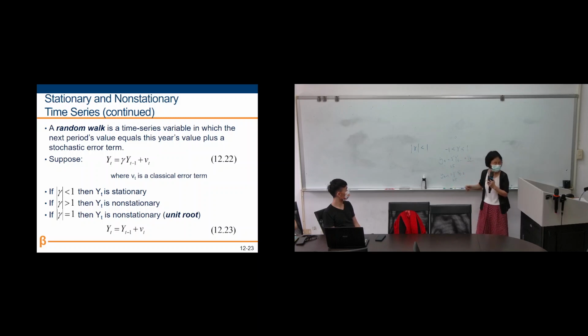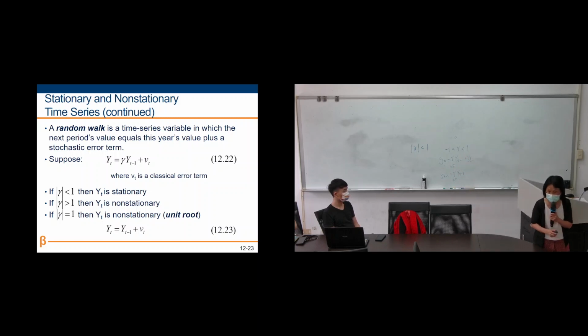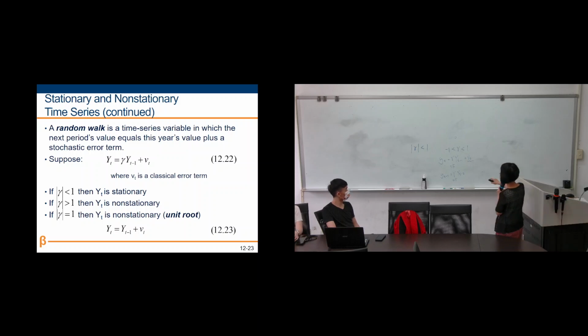So this is what we call stationary. That means it can be controlled. The future values of y can be controlled by the previous one. As long as the time is extended longer, the effect is getting smaller and smaller, so it can be controlled, finally going to 0.